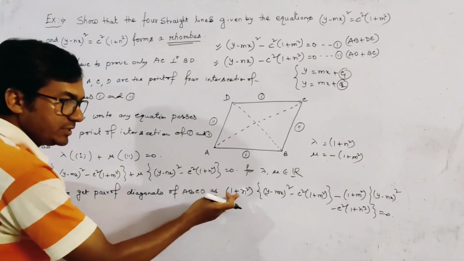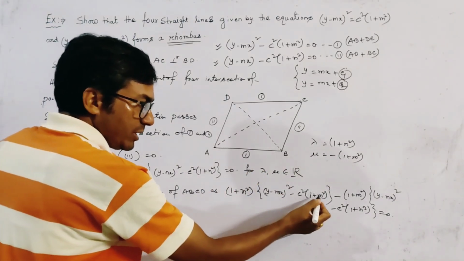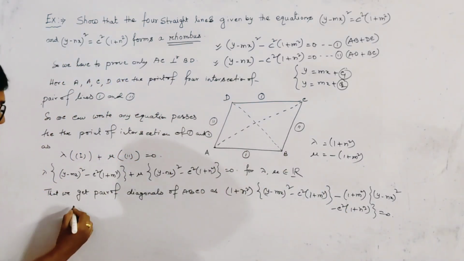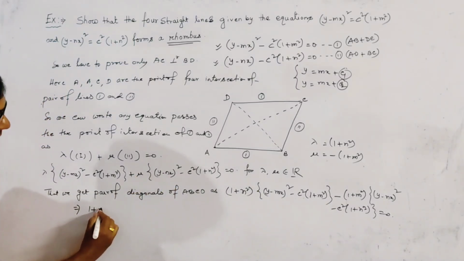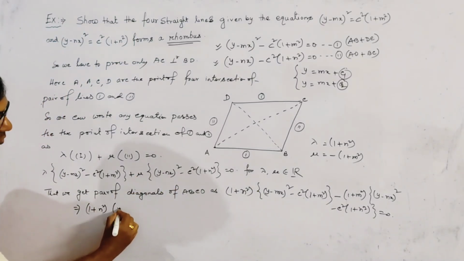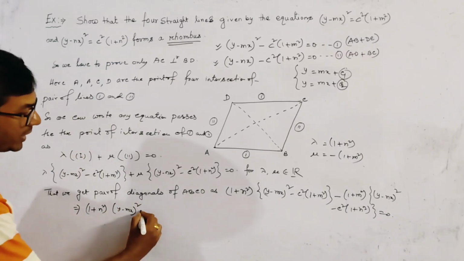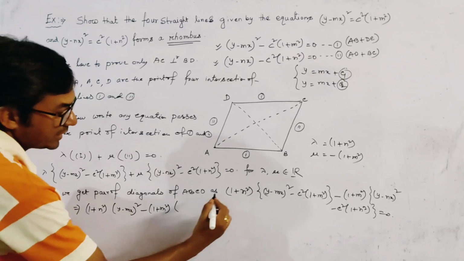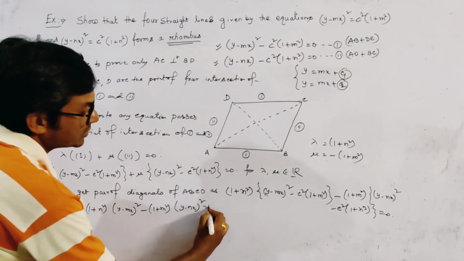If we multiply, it is clear that the constant terms cancel, and the equation becomes (1 plus n square) into (y minus mx) whole square minus (1 plus m square) into (y minus nx) whole square equal to 0.